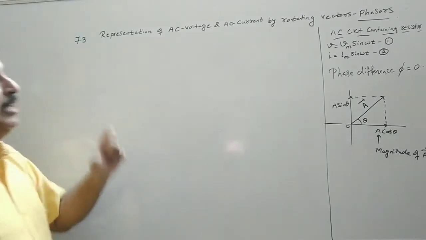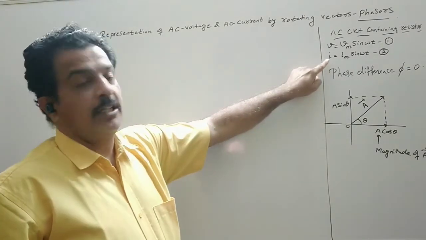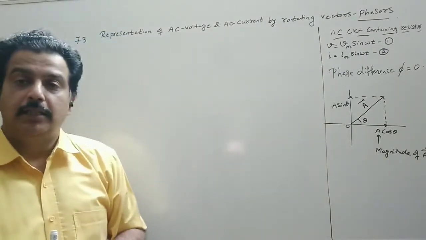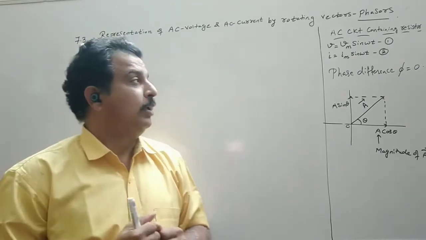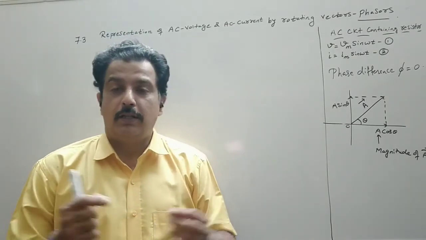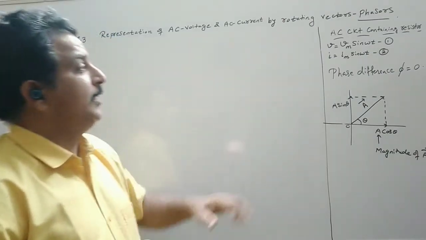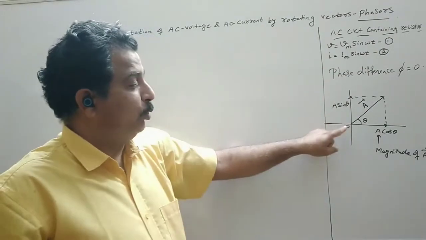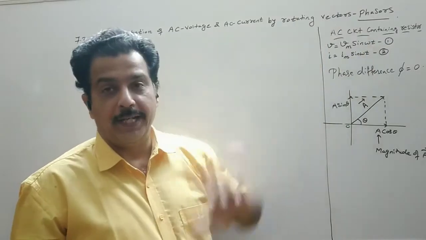So here we will be representing a voltage and current, that is AC voltage and AC current, by a phasor. We call them phasor, and the symbol will be a bold capital V and capital I. So phasor is nothing but a vector which rotates about an origin with angular frequency omega.